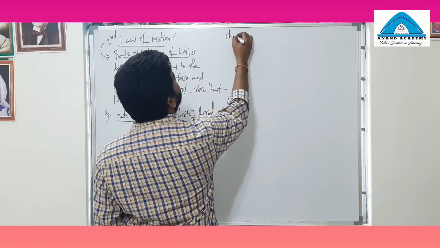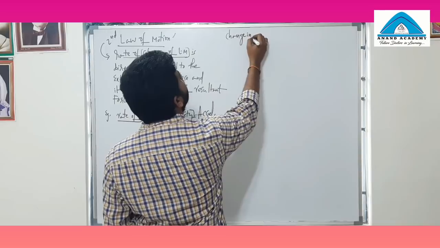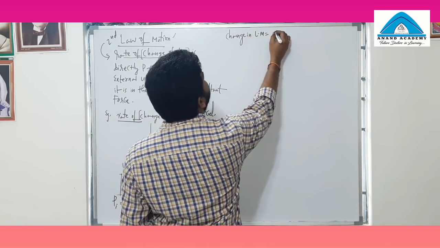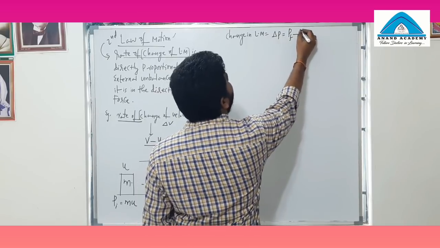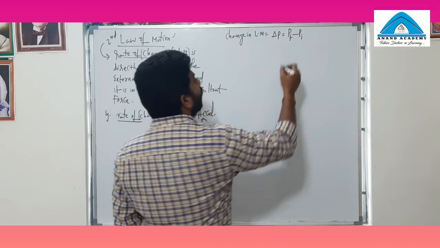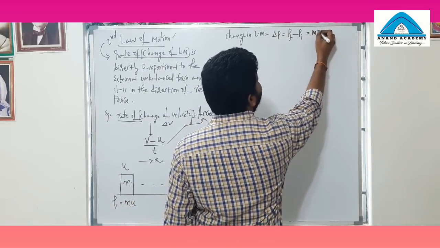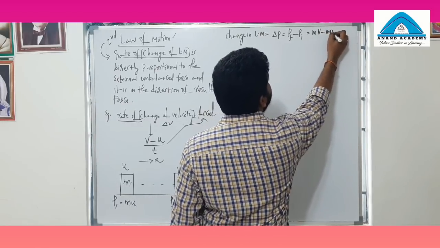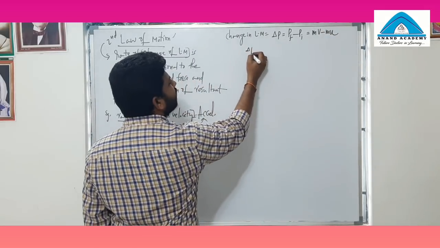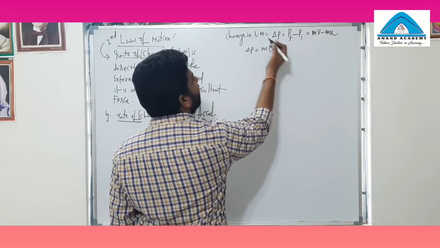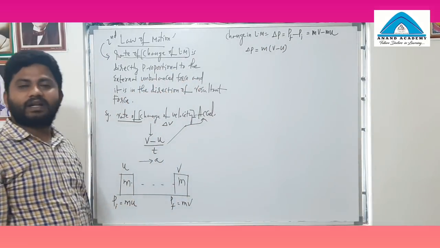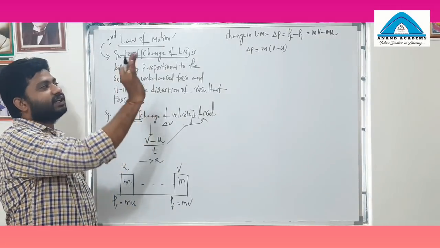So, change in linear momentum, delta P, is equal to final linear momentum minus initial linear momentum, which can also be written as m into v minus m into u. So, change in linear momentum delta P is equal to m into (v minus u). Clear? This is change in linear momentum.